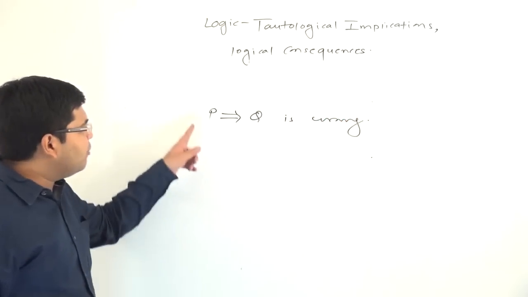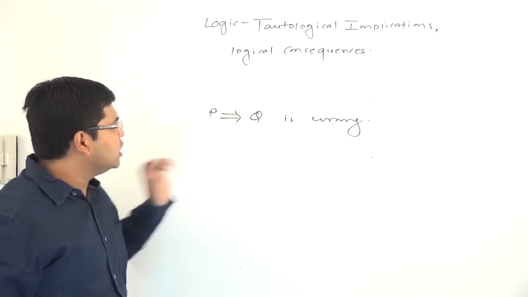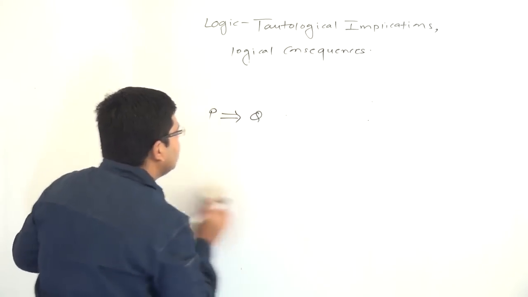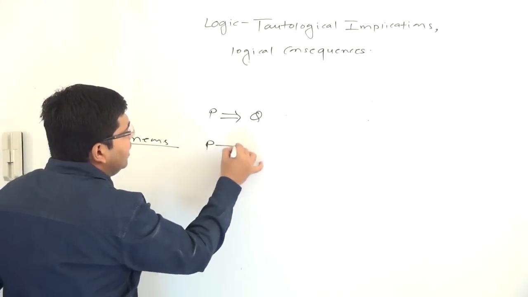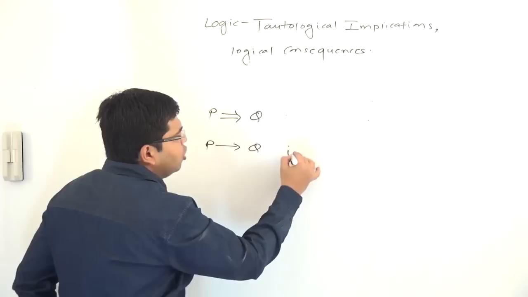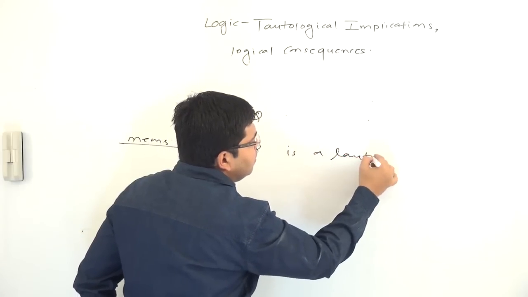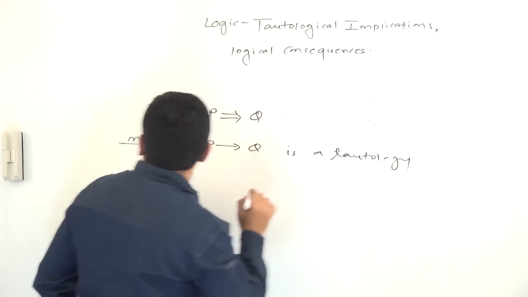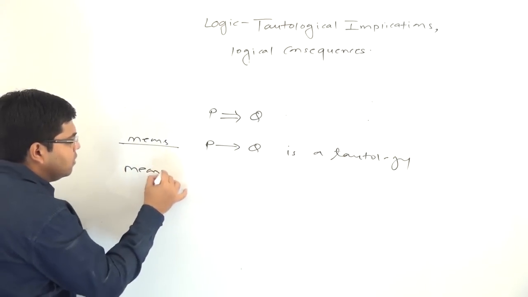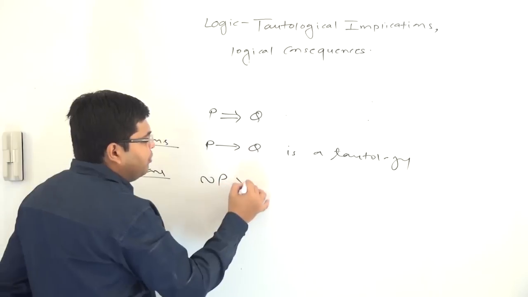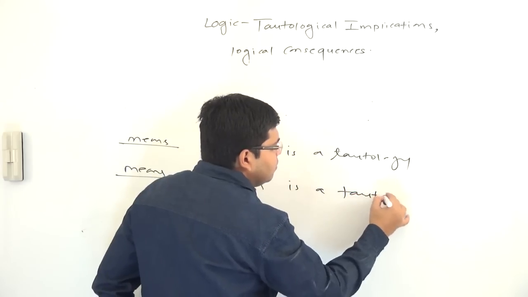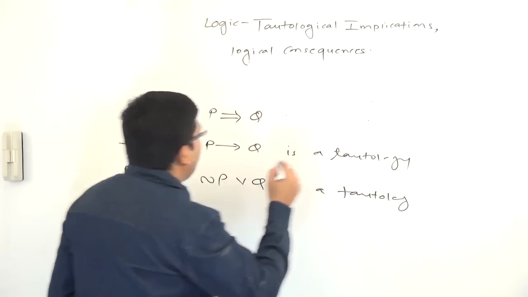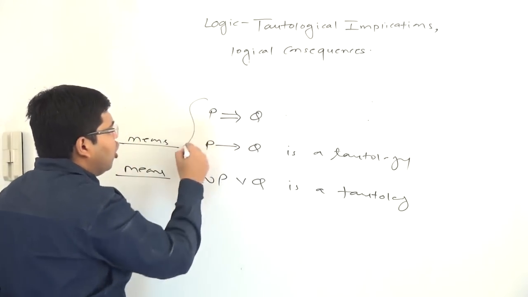Because if I say P tautologically implies Q, I am saying P implies Q is a tautology, which means negation of P or Q is a tautology, and all these statements are wrong.